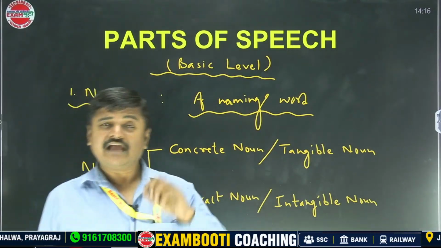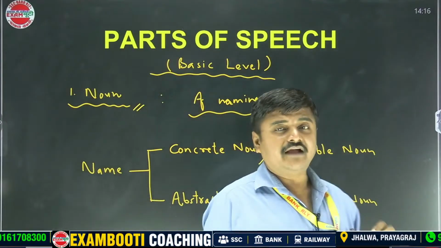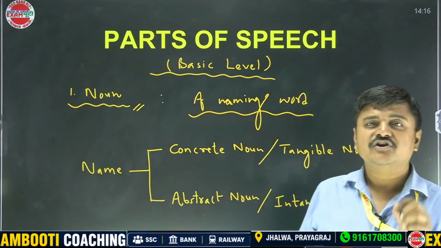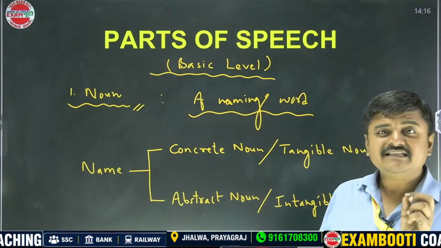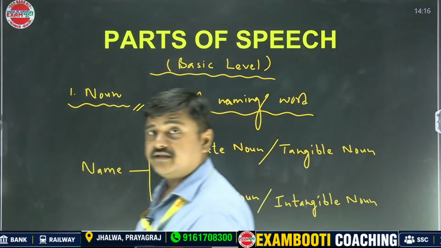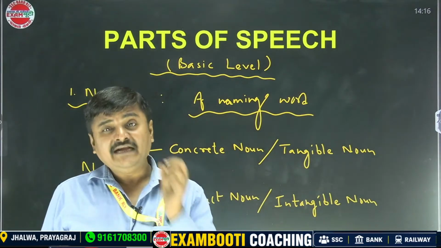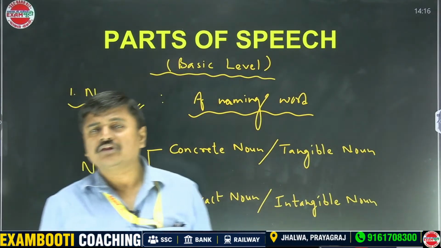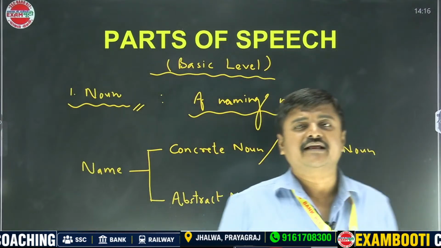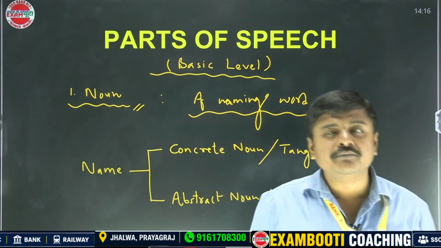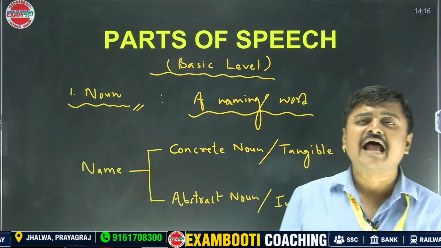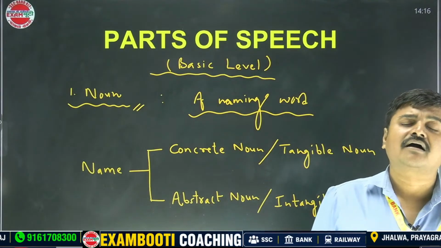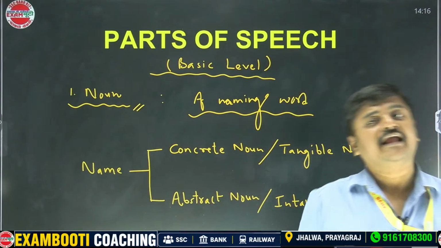So all the abstract things have no physical existence, and these things are described as intangible things, intangible nouns. That's why all the concrete nouns are categorized as tangible, and all the abstract nouns are categorized as intangible.